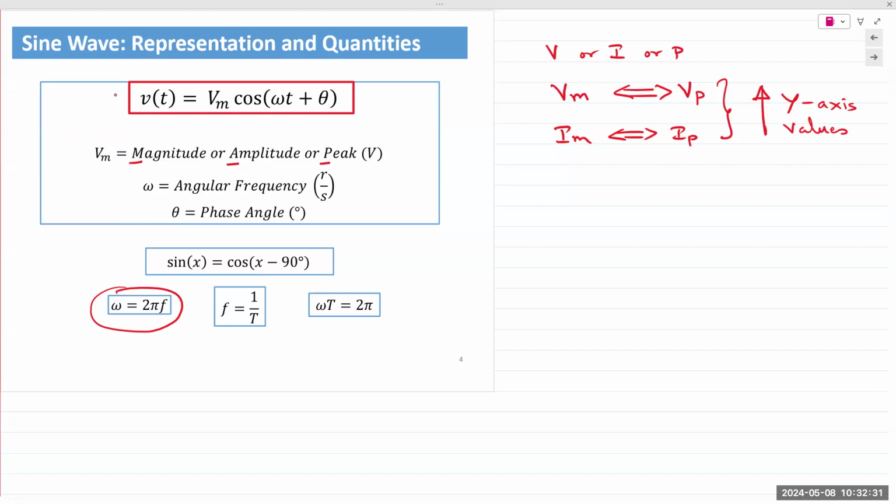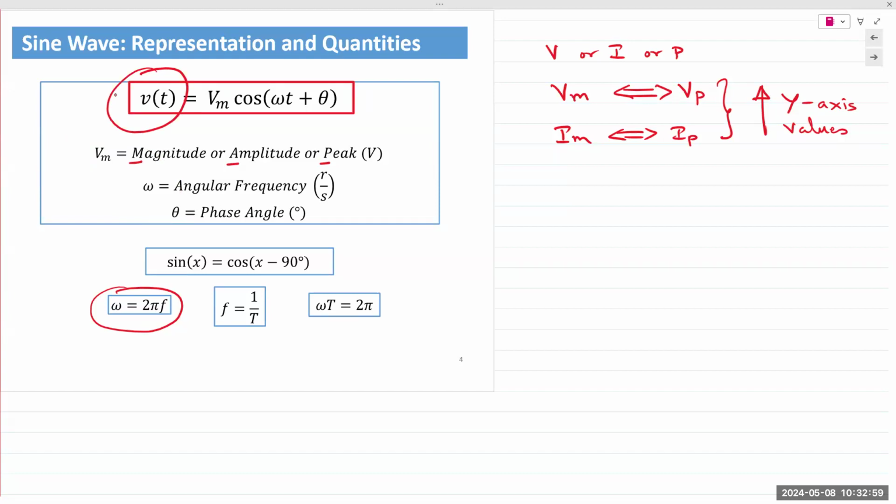Okay, so Vm is magnitude or amplitude or peak, y-axis values. Omega is angular frequency, 2 pi f on the x-axis, t, and then theta is the phase angle in degrees. Each quantity has an individual unit, but this entire function is describing the voltage as a function of time.